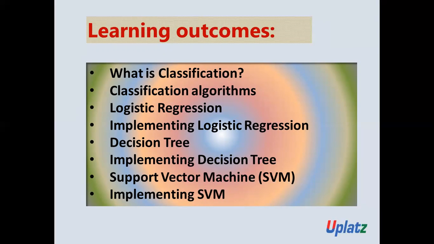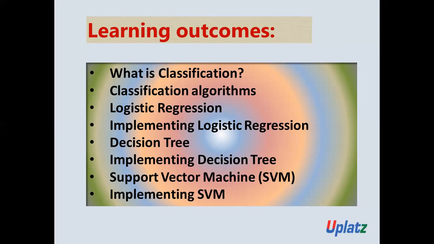No, it's not. Logistic regression is one of the algorithms under classification. Then you will learn implementing logistic regression. After that you will learn decision tree, which is also an algorithm under classification, and then the implementation of decision tree classification.